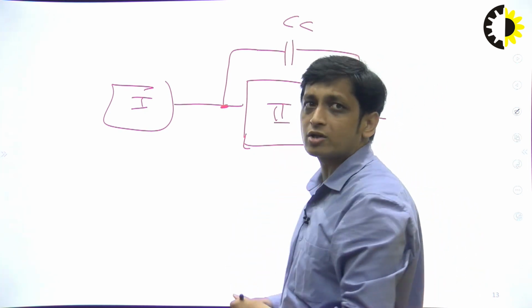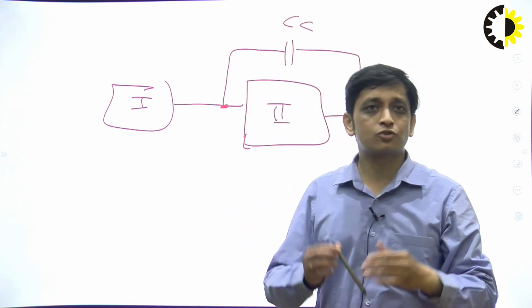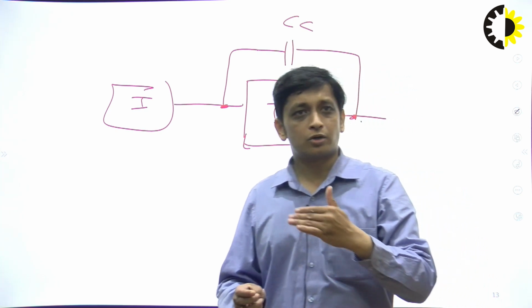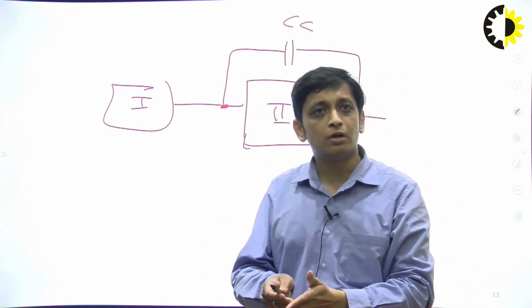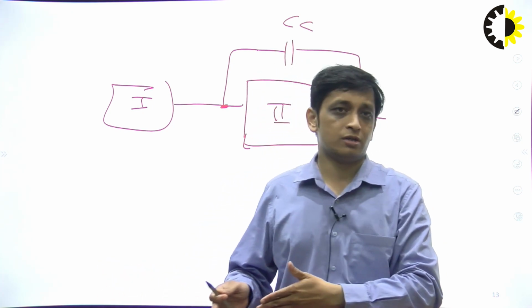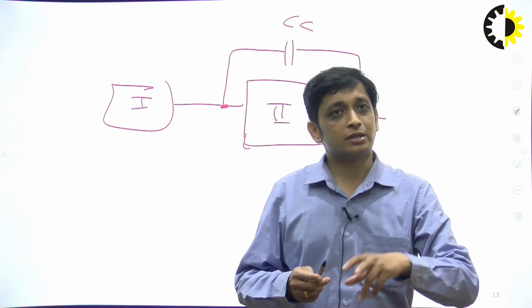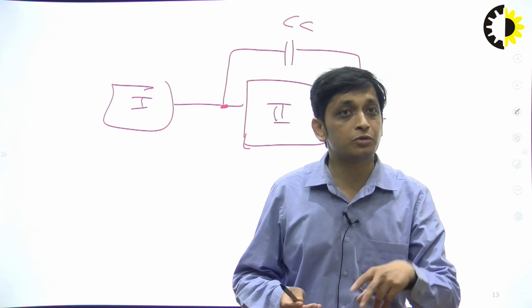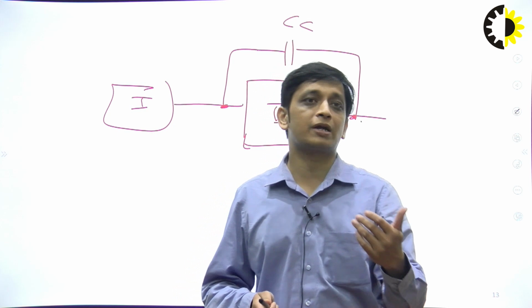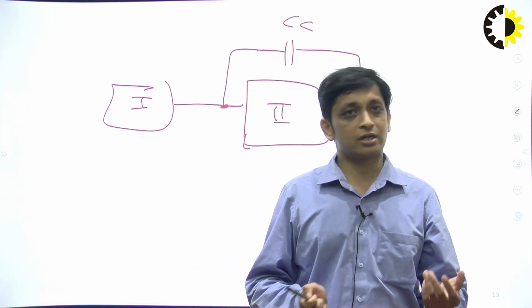The role of this compensation capacitor CC is to move the dominant pole towards the origin and to ensure that the non-dominant pole moves away from the origin. When this happens, the phase margin of the circuit is improved, and due to the improvement in the phase margin, the circuit becomes more and more stable.